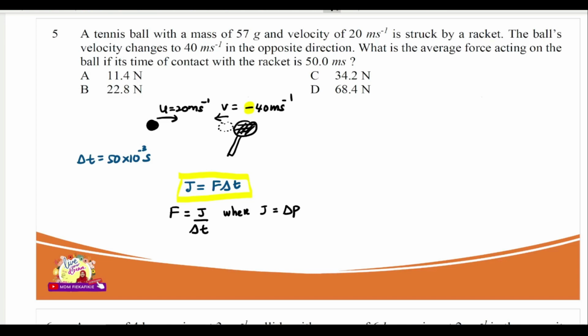So we can find F, and it is equal to, impulse is delta p, so I will write mv minus mu over delta t.